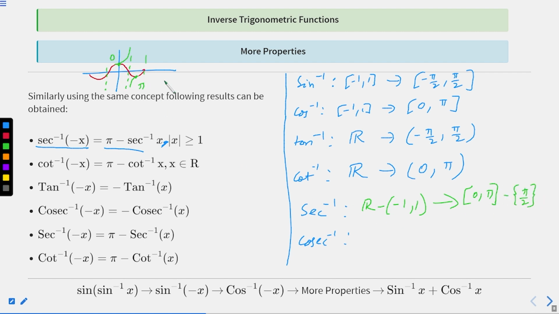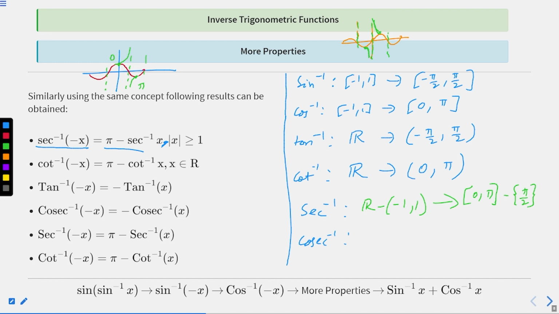Now for cosec inverse, the cosec function comes from the sine graph. Now we make the vertical asymptotes wherever sine is 0. Now making curves like this, as you can see, it is one-one from this to this interval.